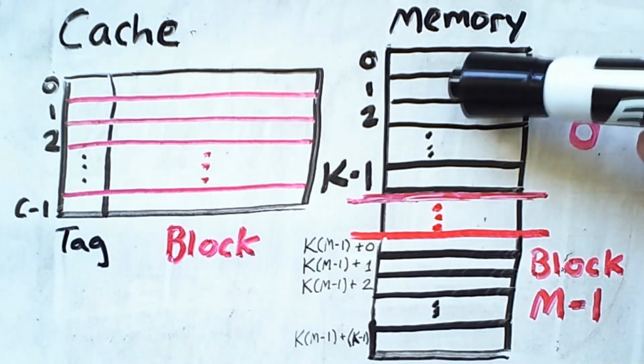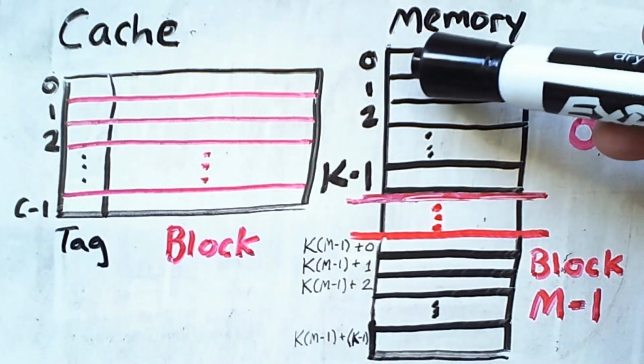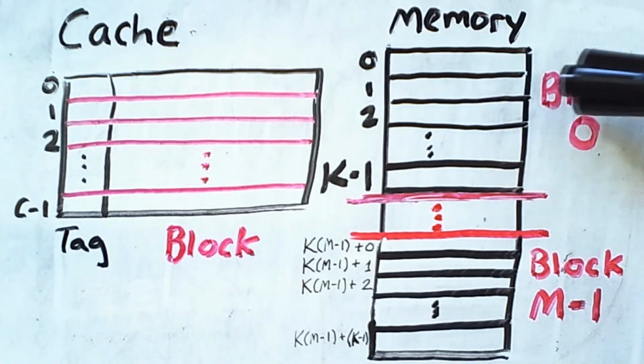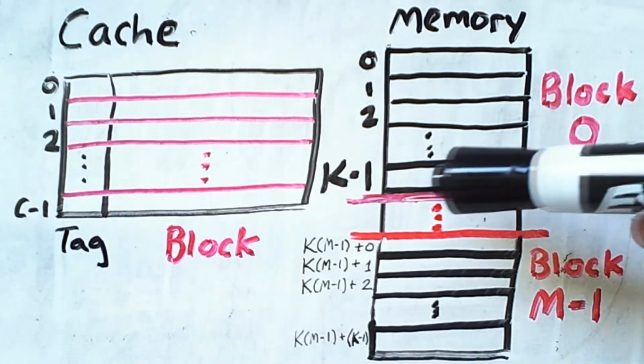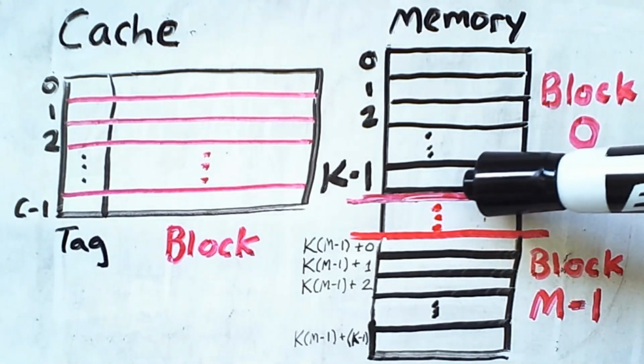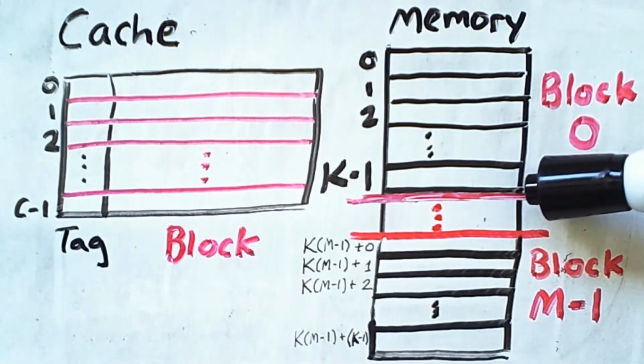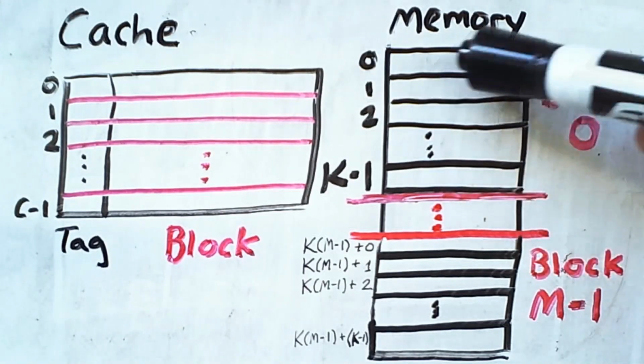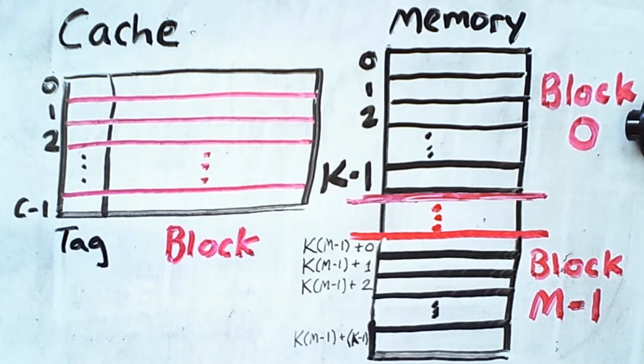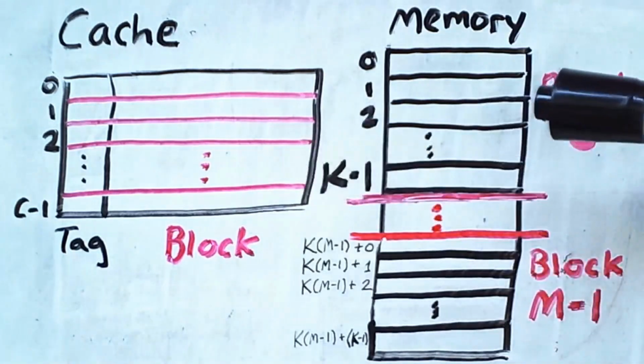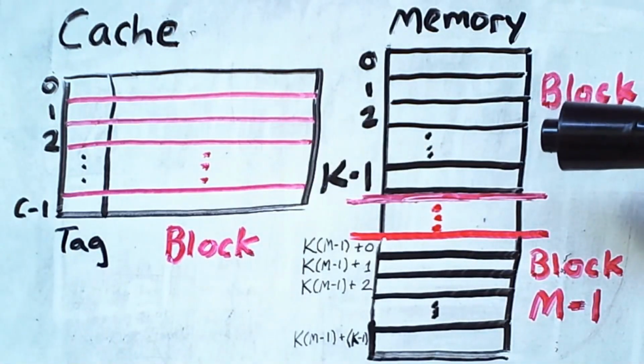Each of these numbers corresponds to a memory word, and we will have k memory words inhabiting every individual block. So these k words here are part of block 0. Whenever a portion of memory is read into the cache, we read in an entire memory block all at once.